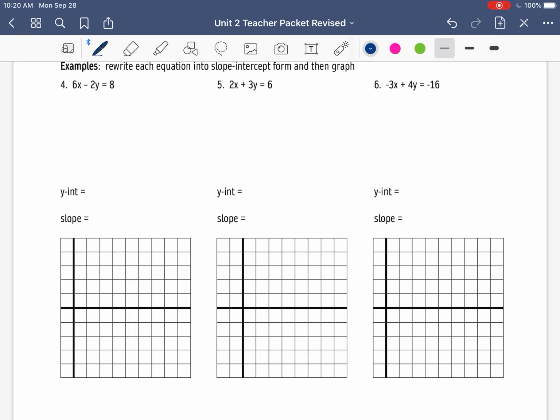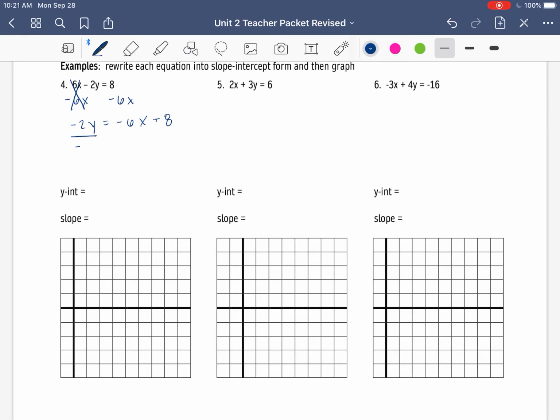And now hopefully you have solved this problem for y, put it in slope-intercept form, and you are checking with me. So I'm going to move my x, so minus 6x on both sides. And that will leave me with a negative 2y equals negative 6x plus 8.